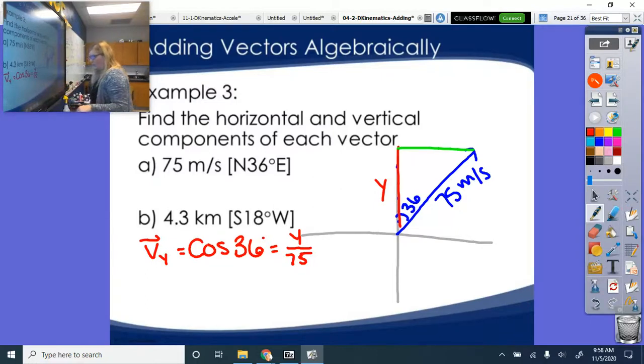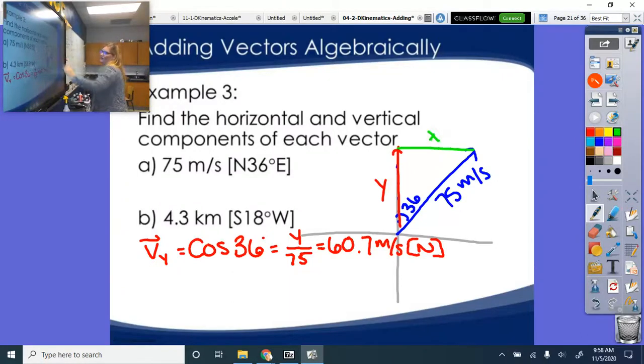So my vector in my y, I think this is incorrect actually in the slides. So there's that. Cosine of 36 degrees times my 75. It's going to give me 60.7 meters per second, and my y direction is heading north.